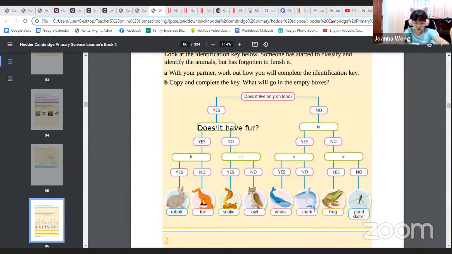Teacher, is it skill? Skill, you mean skill, is it?